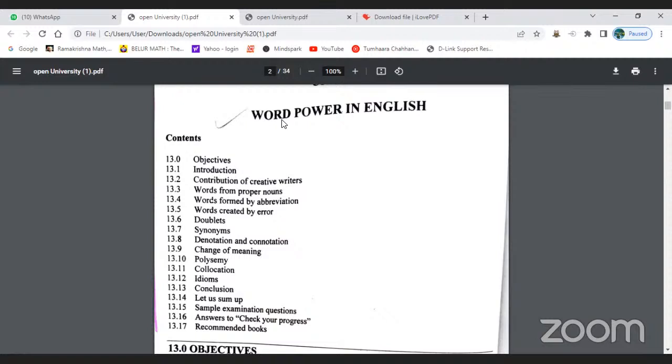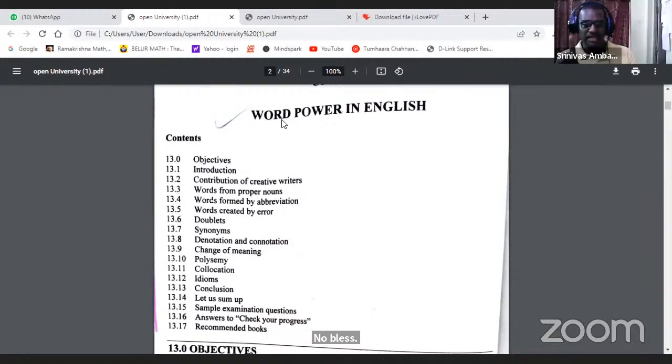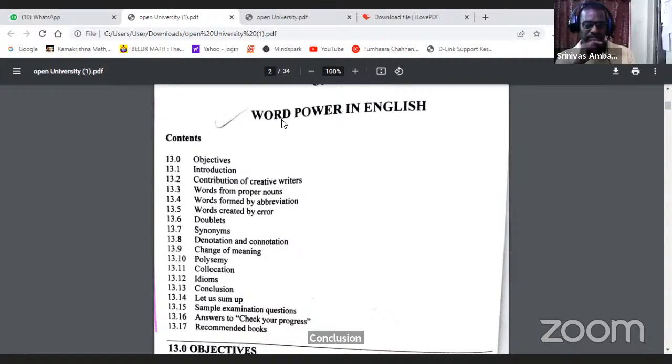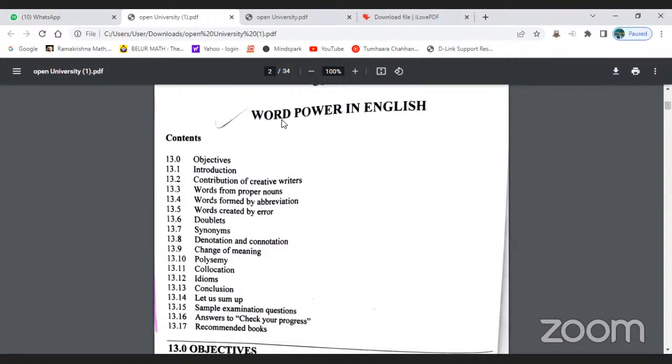Objectives, Content: contribution of creative writers, words from proper nouns, words formed by abbreviation, words created by error, doublets, synonyms, denotation, change of meaning, polysemy, collocation, idioms, conclusion. So how many important topics are here? Ten, sir.